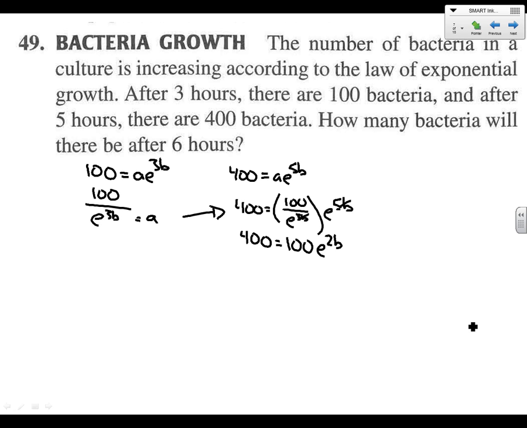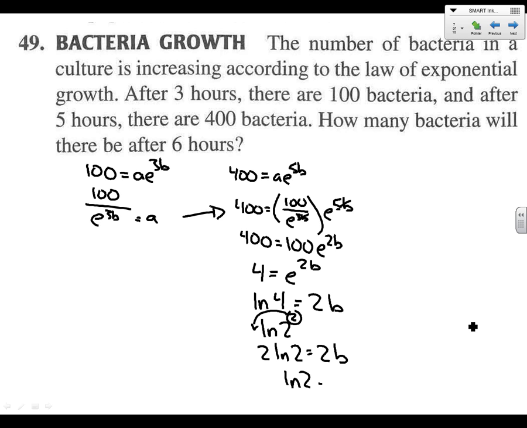So we'll end up with 4 equals e to the 2b, which gives natural log of 4 equals 2b. And now a little bit of logarithm tricks here. ln of 4 is the same as ln of 2 squared. We could take that 2 and put it in the front, so we'd have 2 natural log of 2 equals 2b. And so b just equals the natural log of 2.